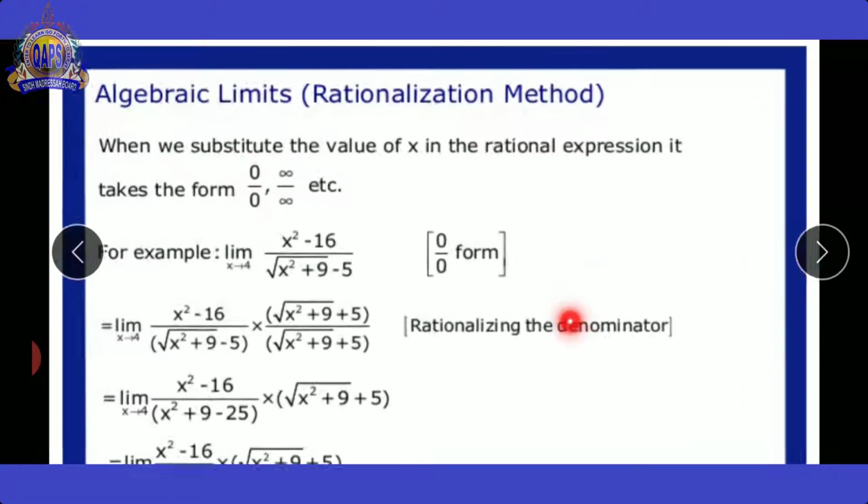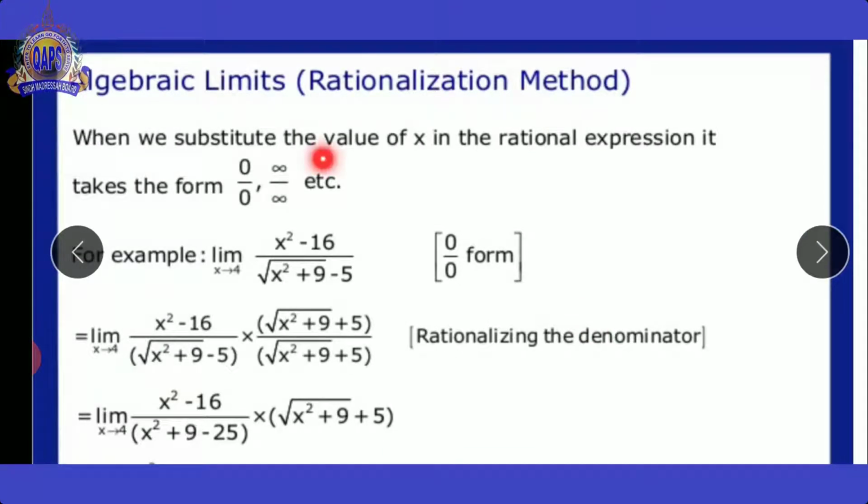When we substitute the value of x in the rational expression, it takes the form 0 upon 0, infinity upon infinity, etc. In this situation, when the result is in this form, we apply this rationalization method.